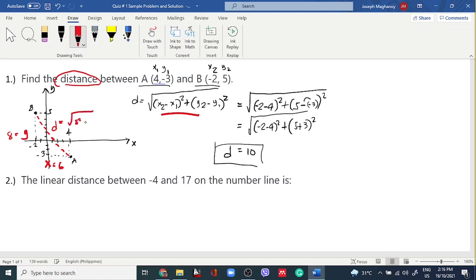Square root of 8 squared plus 6 squared. So 8 squared plus 6 squared, the same. You also get a value of 10. So Pythagorean or the distance formula, actually the distance formula is based on the theorem of Pythagoras. I hope problem number 1 is clear to everyone.